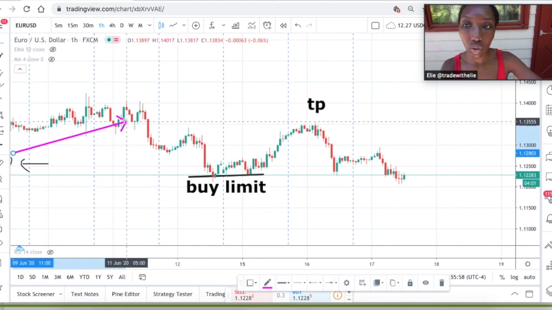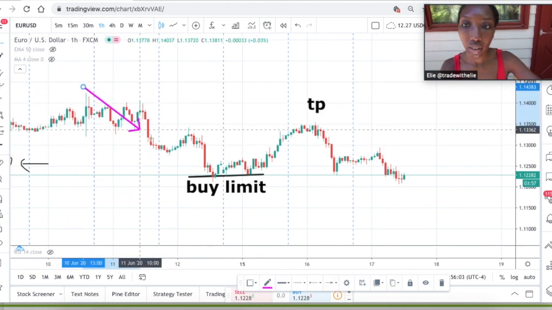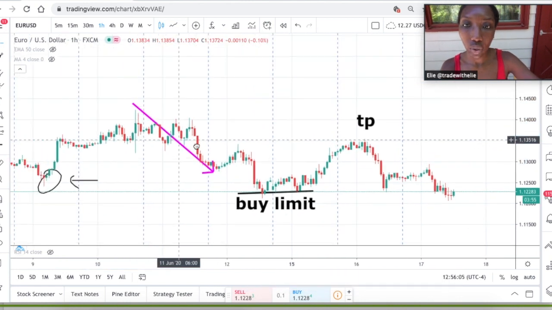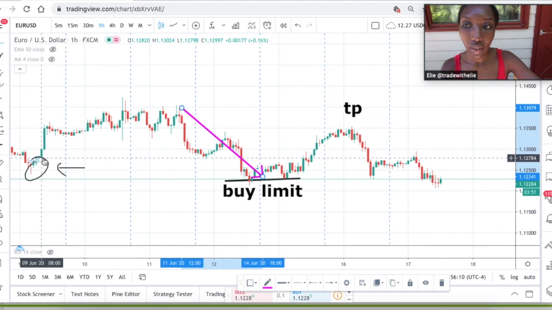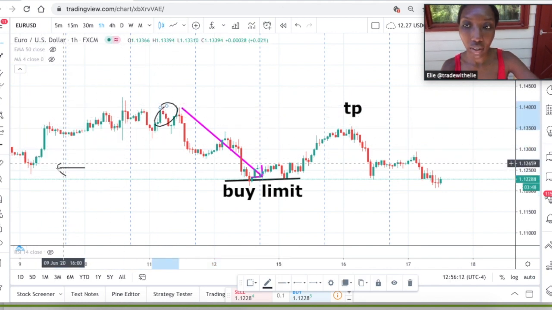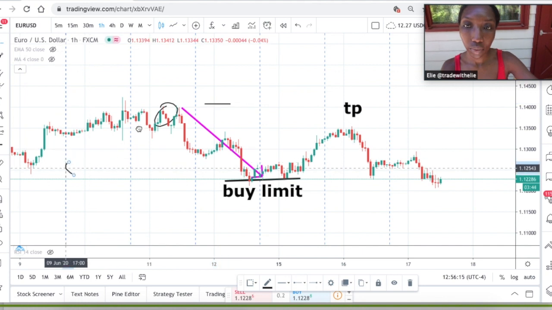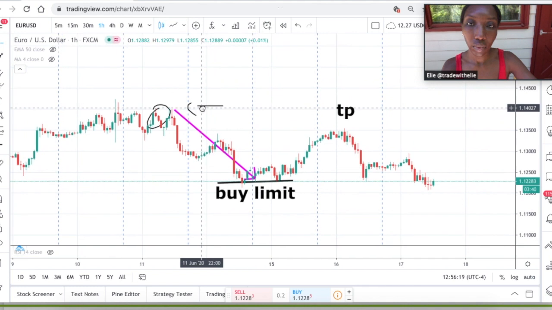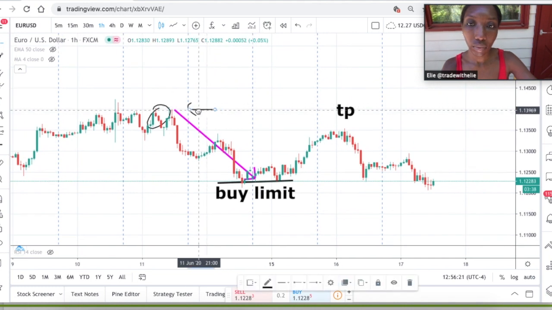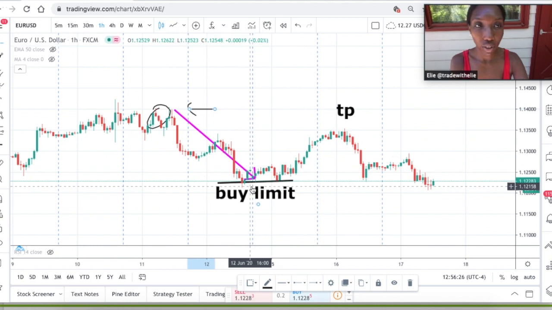And so we are expecting price to come down. Price is over here. We're expecting price to come down in the wrong direction.